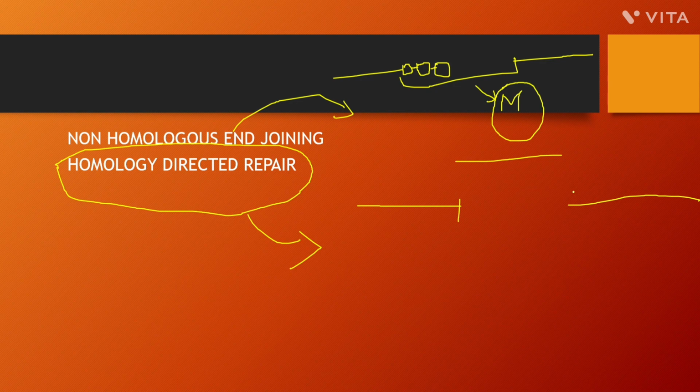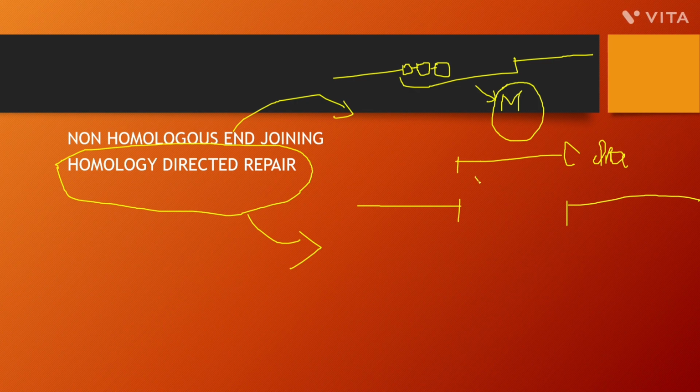So what I'm gonna do is, I will provide a complementary DNA sequence over here. So basically I'm telling the cell that I will provide a complementary sequence over here, and you can add new base pairs according to this sequence.